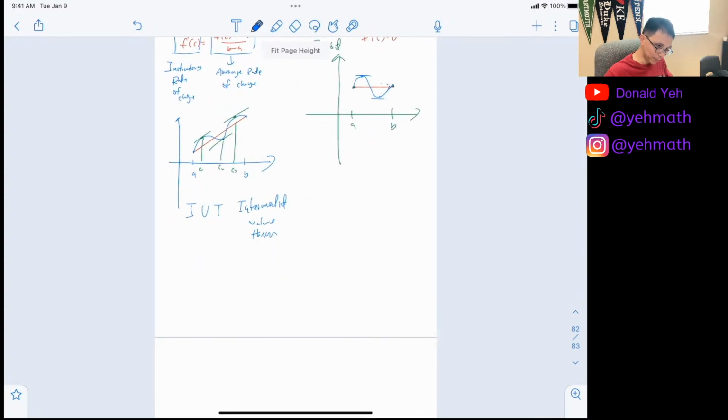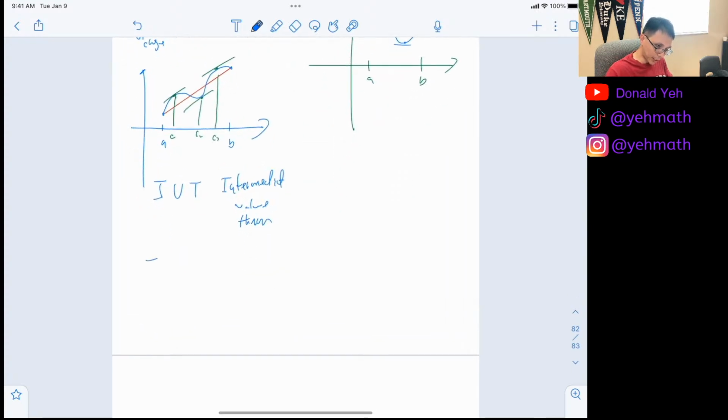If I talk about the intermediate value theorem, it's basically just that f of x is continuous. That's it. I think that's the only condition. And the second condition says c has to be between a and b.